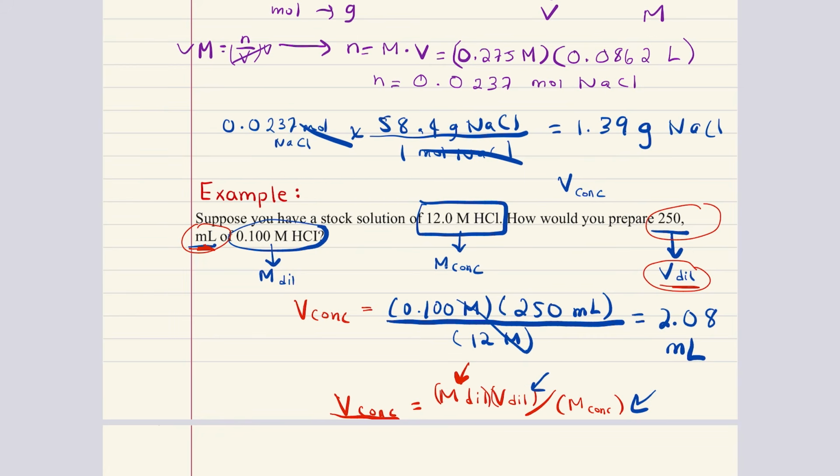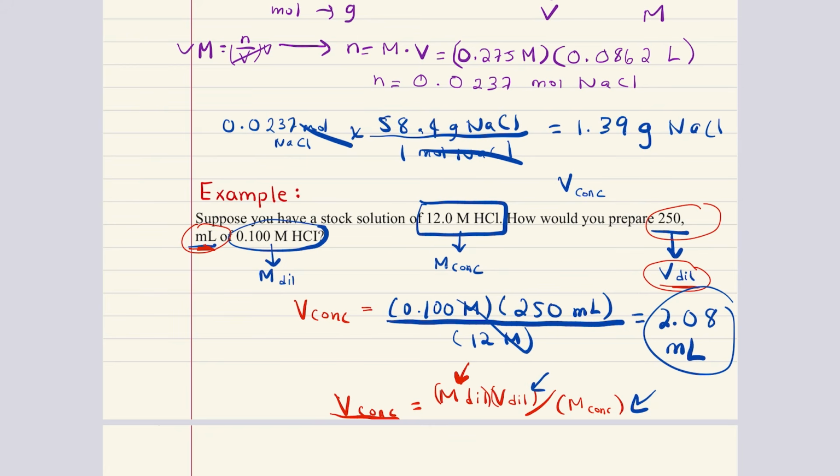So instead, you're going to begin by placing water into a 250 milliliter volumetric flask until it's approximately half full. And then you're going to use a pipette. You're going to measure out 2.08 milliliters of that 12 molar hydrochloric acid. You're going to add it carefully to the water in the volumetric flask.